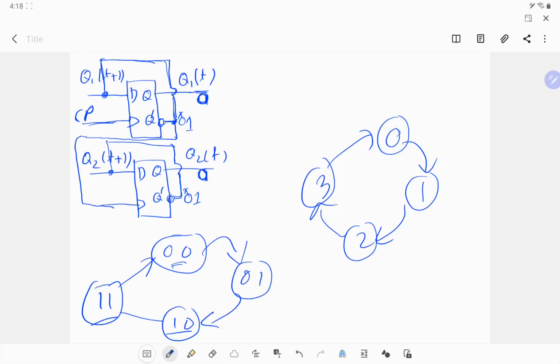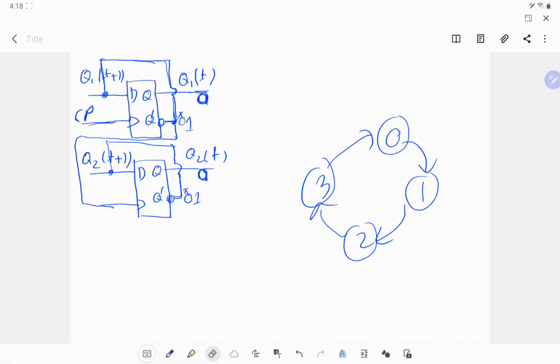That's how this small circuit will be counting this sequence of numbers 0 1 2 3, 0 1 2 3. That's how it continues. Now, if we want to add more flip-flops here, this is actually called a 2-bit ripple counter.